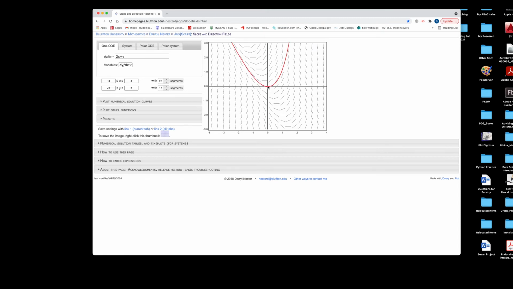If I click at (0, 0), it gives you how the solution looks, okay? And if you want a solution at, let's say, almost (1, 0), if I click it here, that is the solution that passes through (1, 0). Okay, so you can draw any, for example, (1, -1) somewhere here. If you click it here, that is the solution that passes through (1, -1).